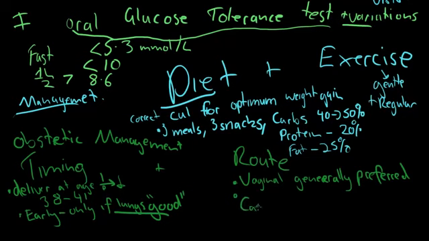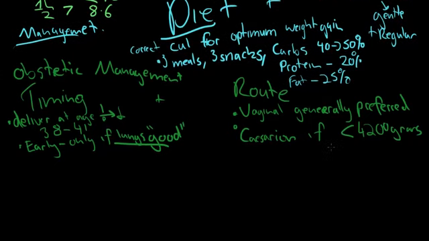But cesarean is good generally if the baby is very large, so if greater than 4,200 grams. So it's a really big baby, or depending on the mother's own preferences and what her pelvis is like and all that, will prompt you more towards cesarean.